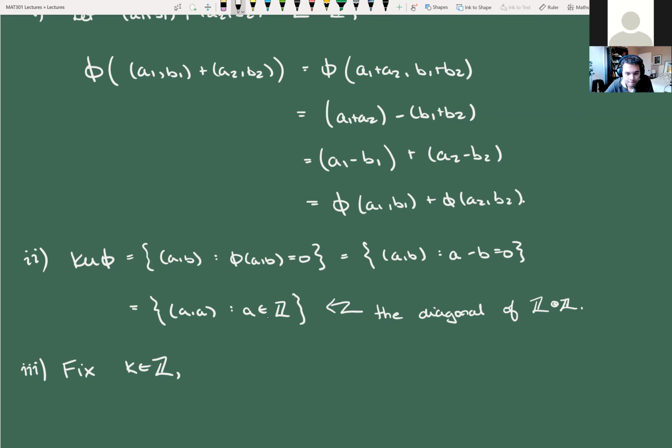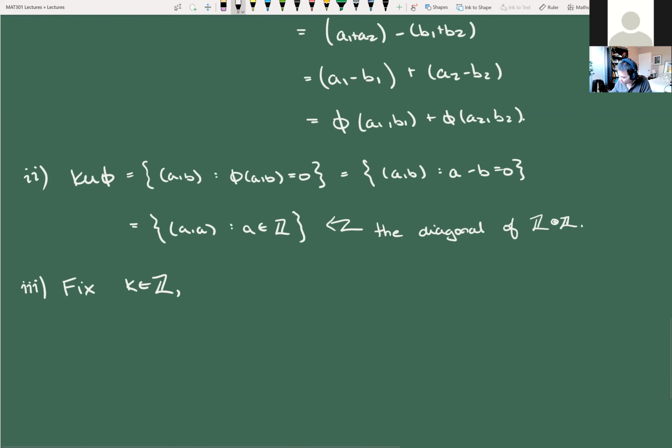Okay. So what I would choose, the natural and evident thing, let's think about what the homomorphism looks like. We've got some element k in Z, and we know that phi of A, B is equal to A minus B, and I want that to be equal to k. So all I need to do is choose A and B so that A minus B is equal to k, and there's a billion things I could choose.